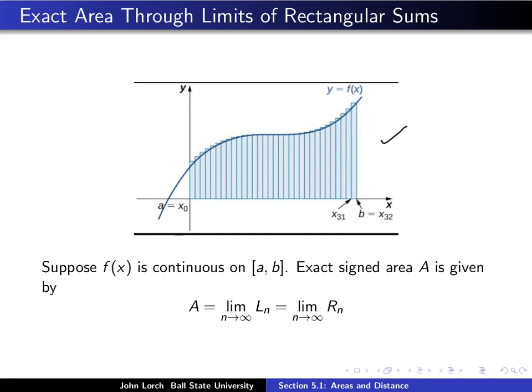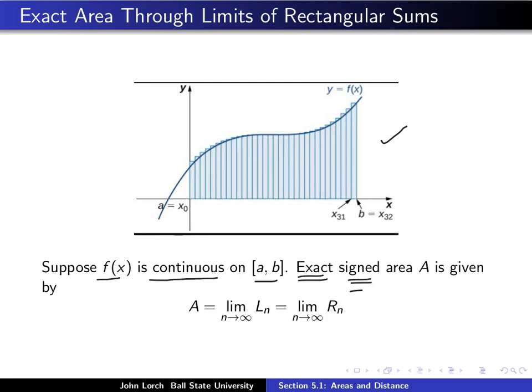under that curve. So in particular, if you have a fairly well-behaved function, let's suppose f of x is continuous on the interval from a to b, then we could actually get the exact area under the curve, or the exact signed area. I'll be talking a little bit more about what that means in a little while.